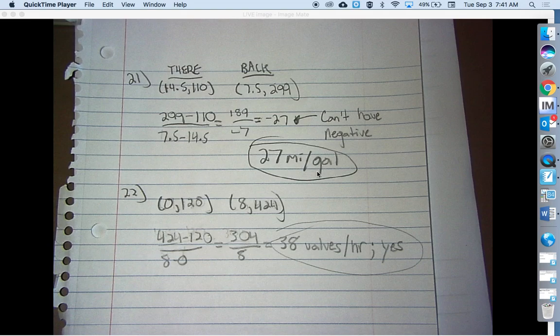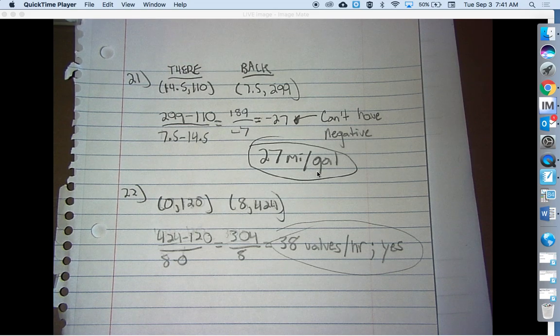So I did 299 minus 110 and 7.5 minus 14.5, and I got 189 over negative 7, and that turned into negative 27.